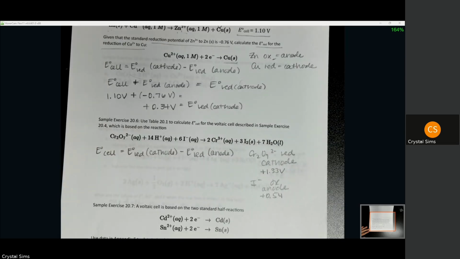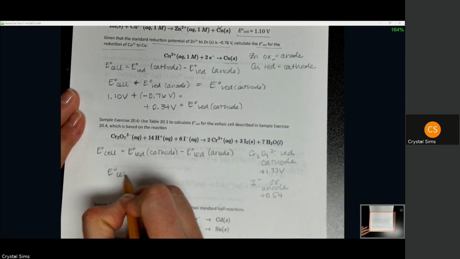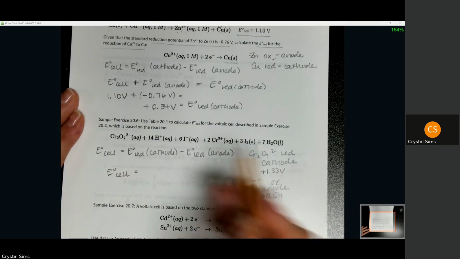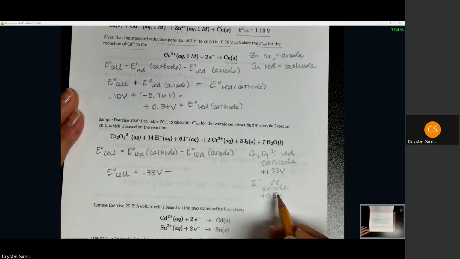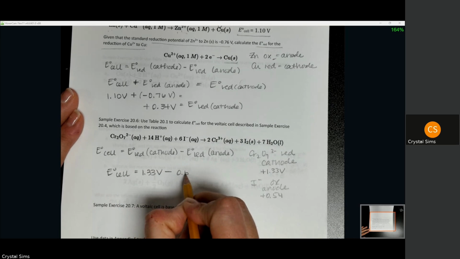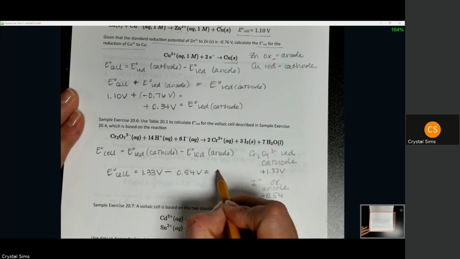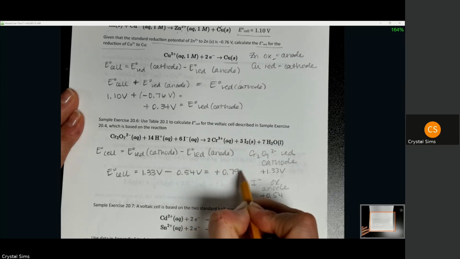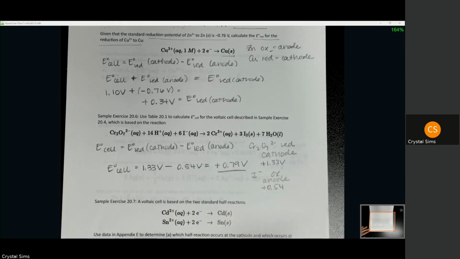So now I plug this in. I have my cathode, which is 1.33 volts, minus my anode, which is 0.54 volts. And that's going to equal a positive 0.79 volts. So that's my answer for this one. We had to work this one a little differently, but still had to determine our cathode and our anode.